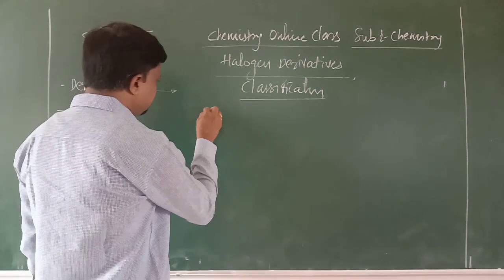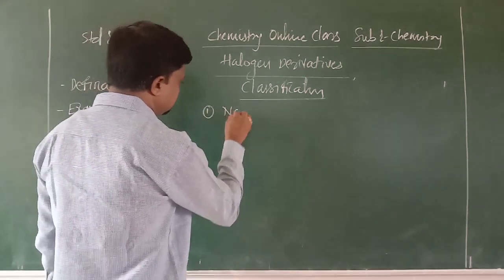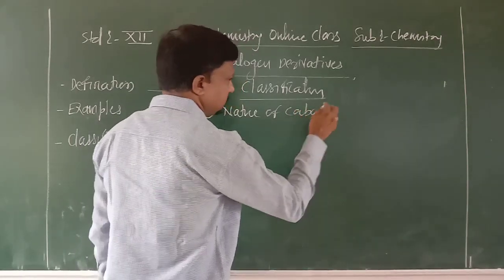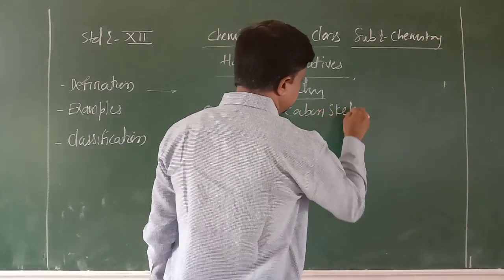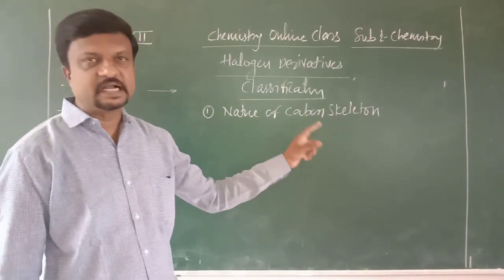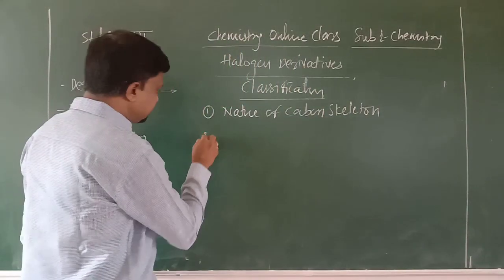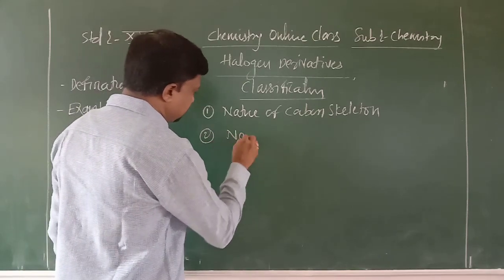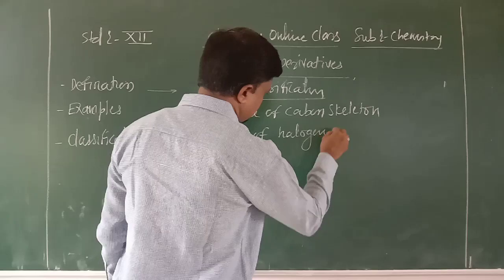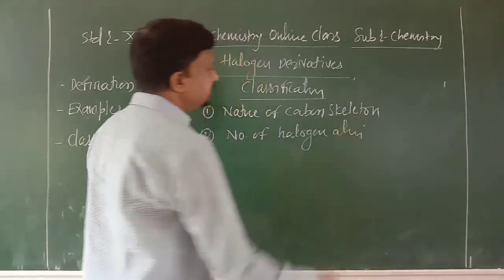The first way, according to the nature of carbon skeleton to which the halogen atom is attached, and second, according to the number of halogen atoms present in the compound.